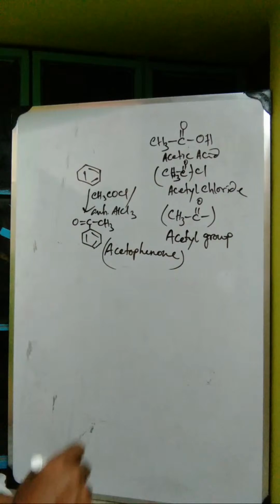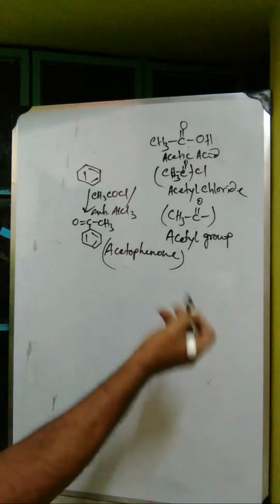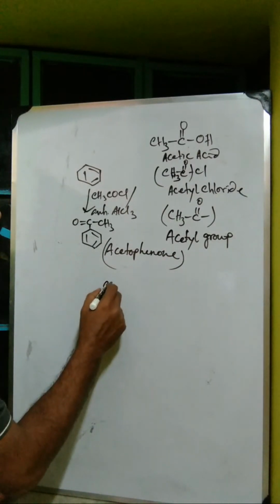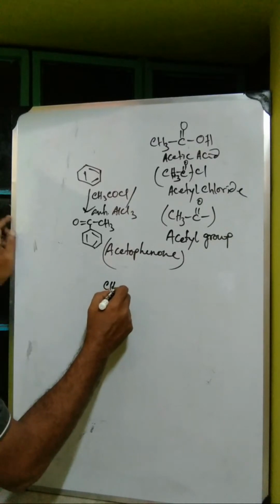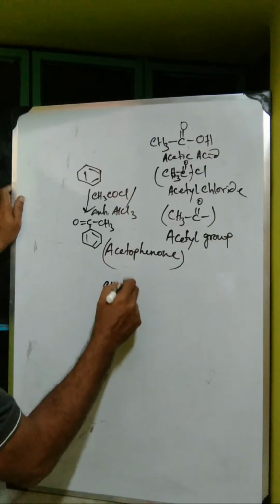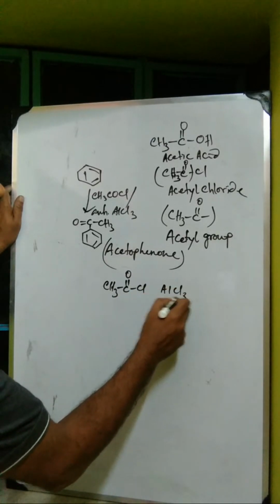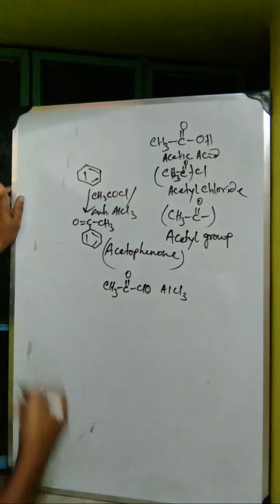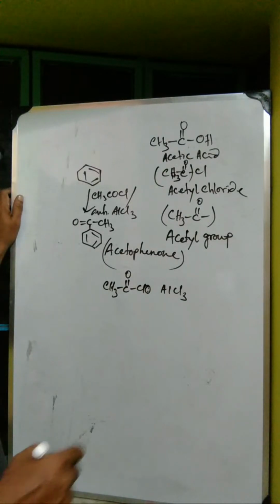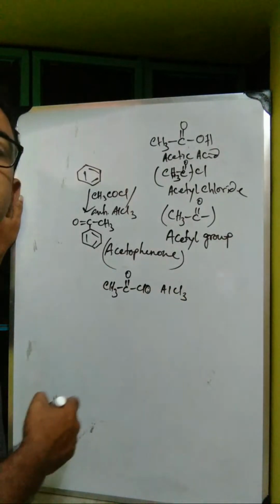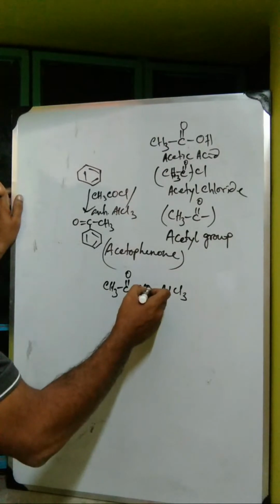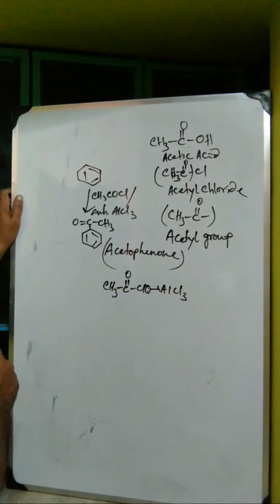Okay. So the reaction mechanism will be the same as the Friedel-Crafts alkylation reaction. CH3 C double bond OCl will react with aluminium chloride, where chlorine donates its lone pair electrons to aluminium, and aluminium, having a vacant orbital, accepts that lone pair to make a coordinate bond with the chlorine.